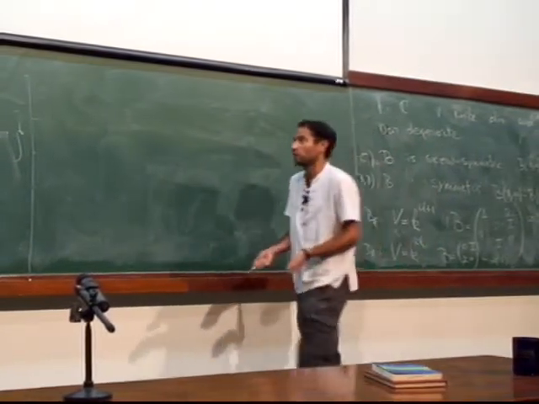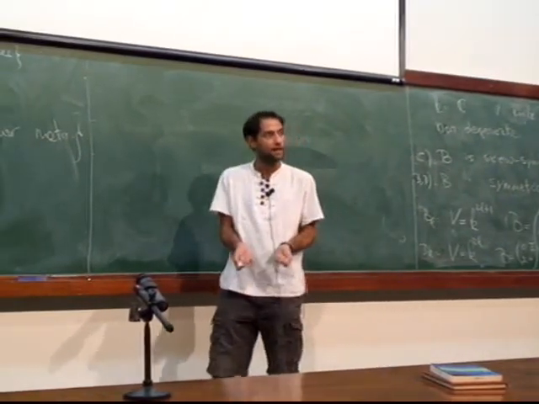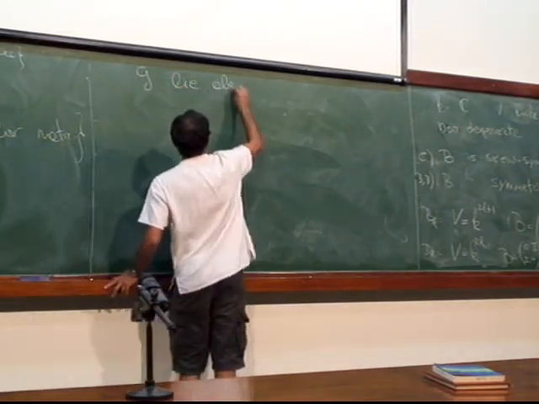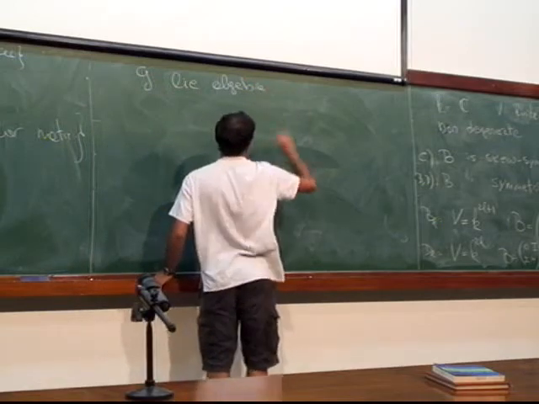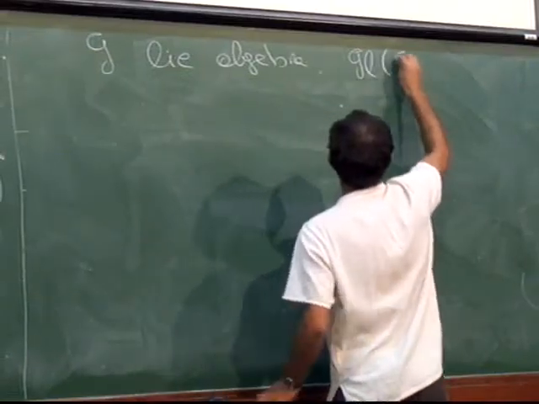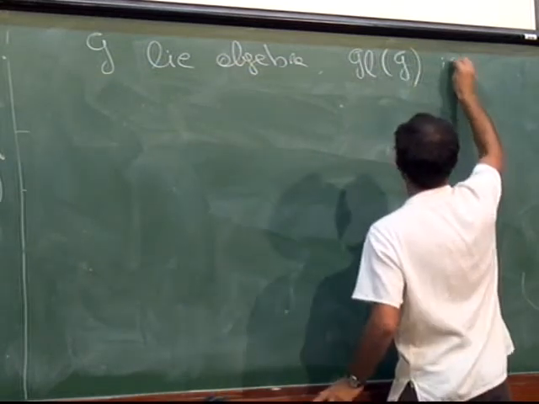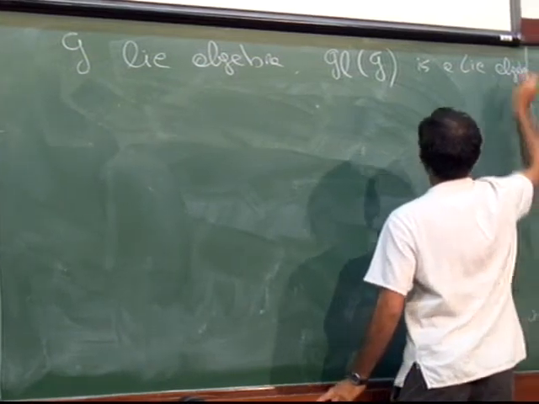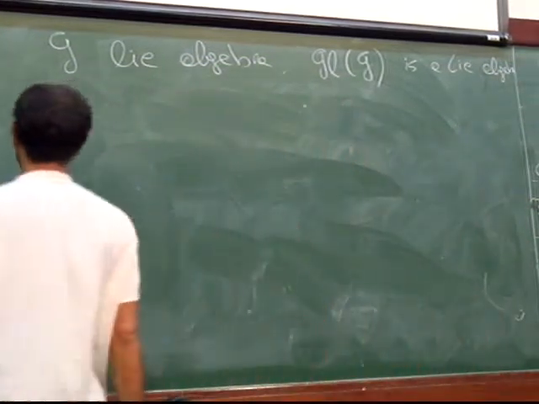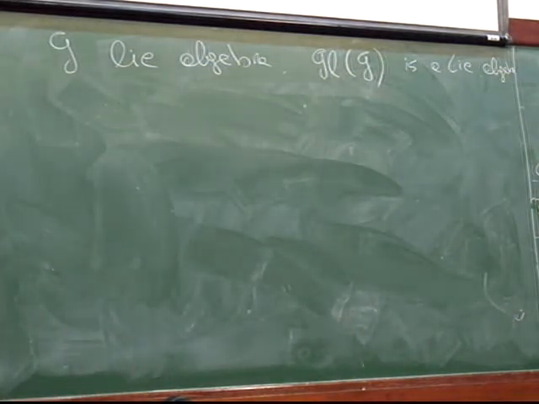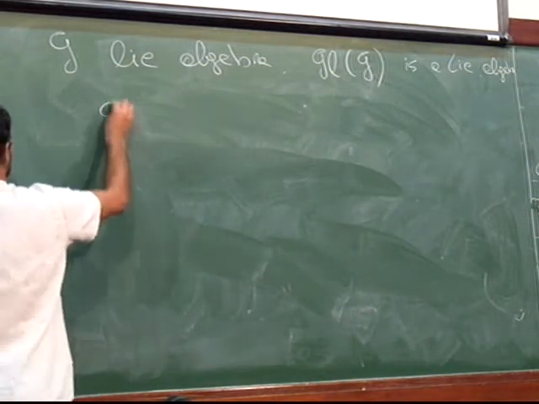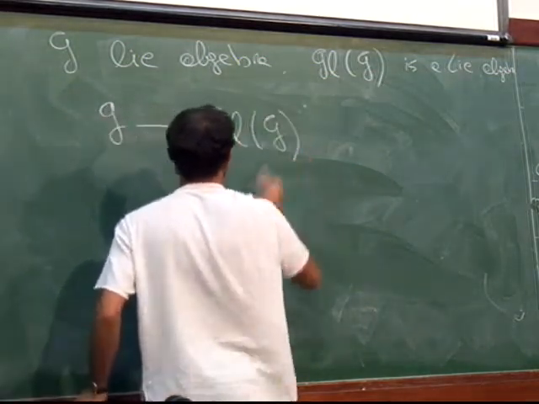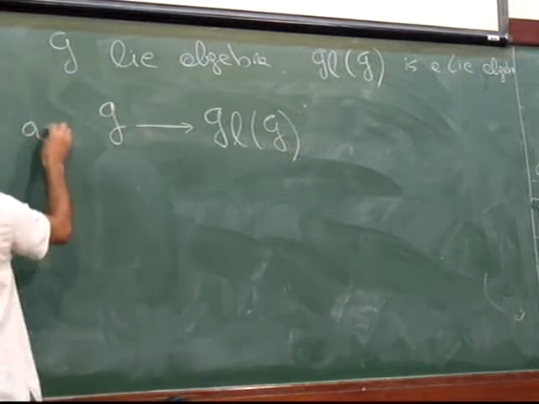In particular, if you give me a Lie algebra G, GL of G is again a Lie algebra. And we have a Lie algebra morphism between G and GL of G. It's called the adjoint morphism.